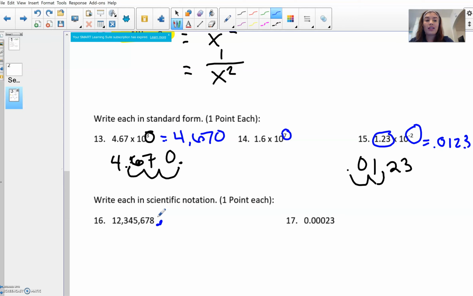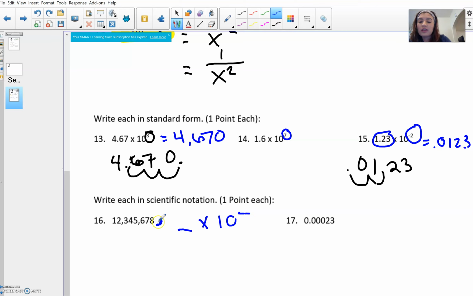Now we have to move that decimal to make a number between 1 and 10, because remember, we need that number times 10, and then we also need to find that exponent.